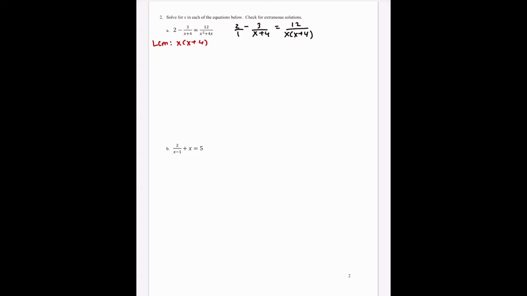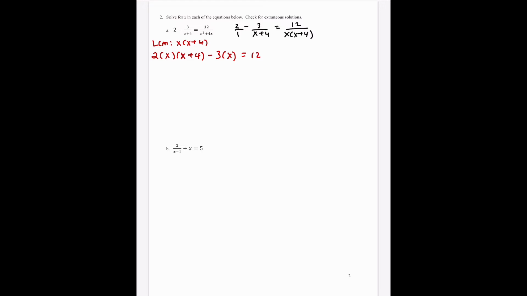So we should do something like 2 times x plus 4. So we're good with the first fraction. The second fraction is missing the x, so it should be 3 times x. And then the last fraction is missing, well, nothing. It's good. So we have this.